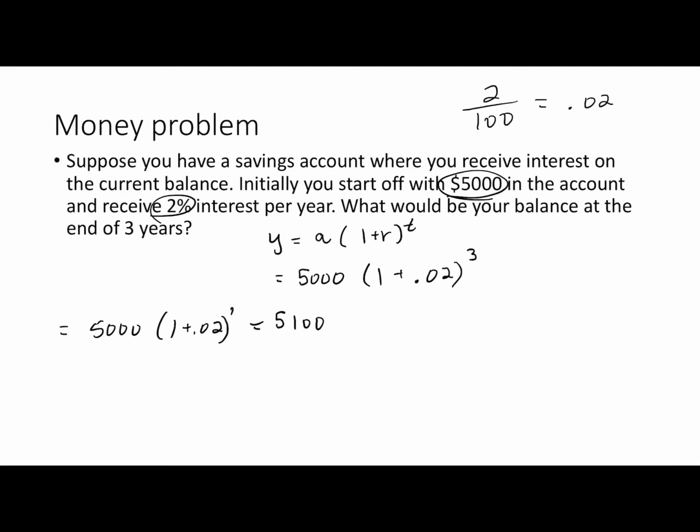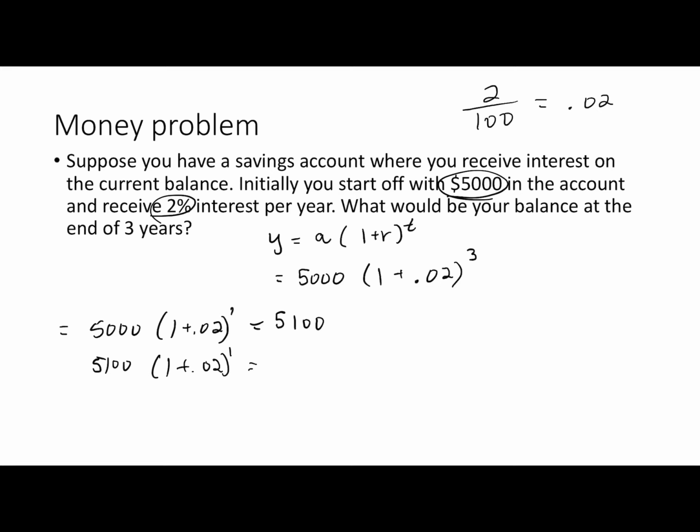Now you have a different amount in your account after 1 year. For your second year, you're going to be gaining interest on that amount, not the original 5,000. So you're not just going to get $100 back, you're actually going to gain a little bit more. So I'm going to take 5,100 and multiply by 1.02 again. So 5,100 times 1 plus 0.02 to the power of 1.